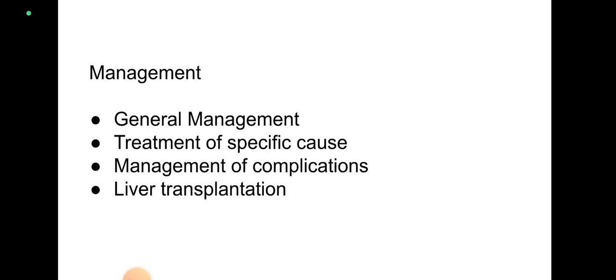Medications which are hepatotoxic or metabolized in liver should not be given or should be given with caution. Treatment of specific cause: alcohol stoppage is mandatory in alcoholic cirrhosis, and specific therapy is needed in hemochromatosis and Wilson's disease.